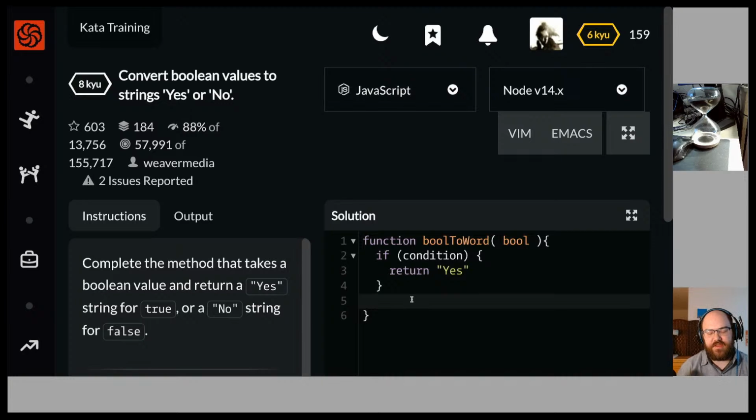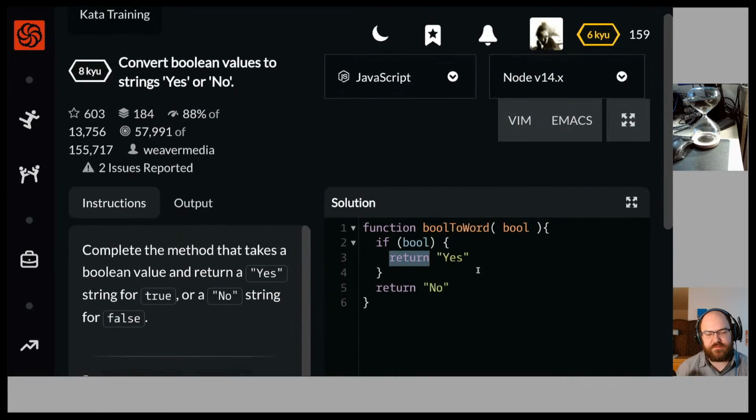And if the condition is not true, then return no. The only question is, what is the condition? Well, they gave us that in the argument to this function, so it's just bool. If bool, return yes. I could put an else statement here, but that would be redundant because this return would already handle exiting the function.